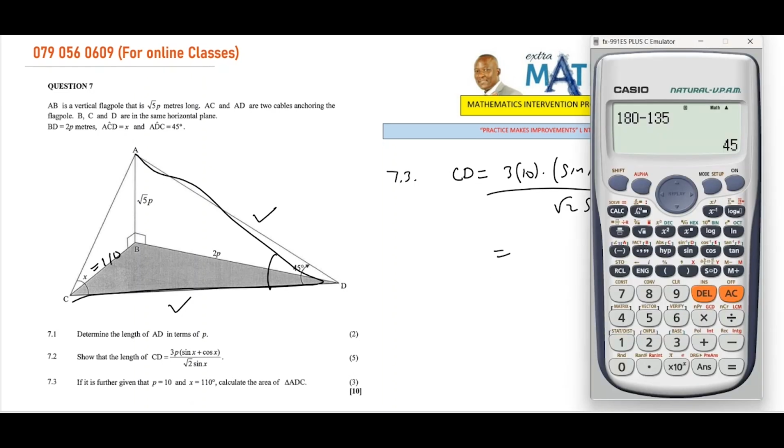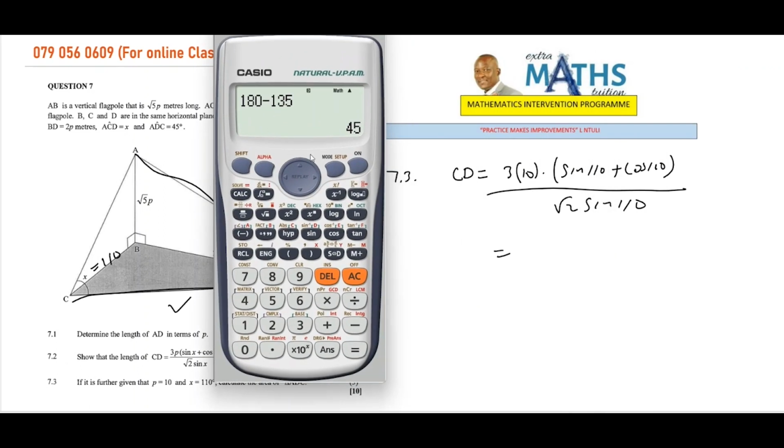Okay, go to your calculator, substitute everything as it is. 3 times 10 times sine 110 plus cos 110, all over root 2 sine 110.